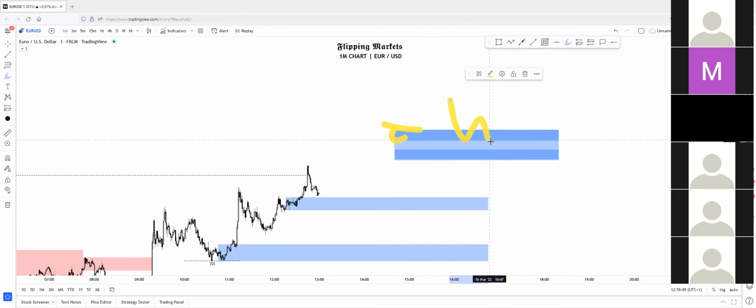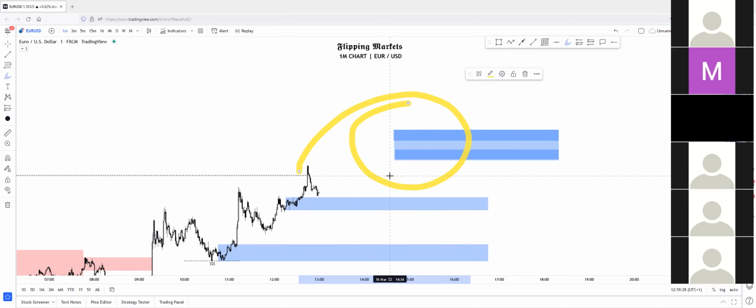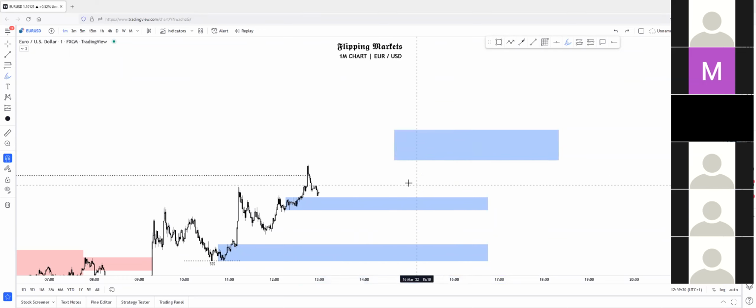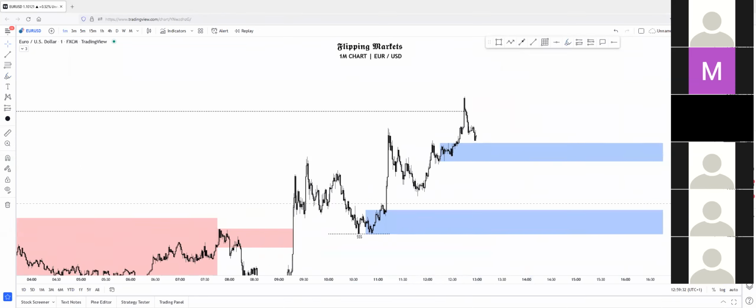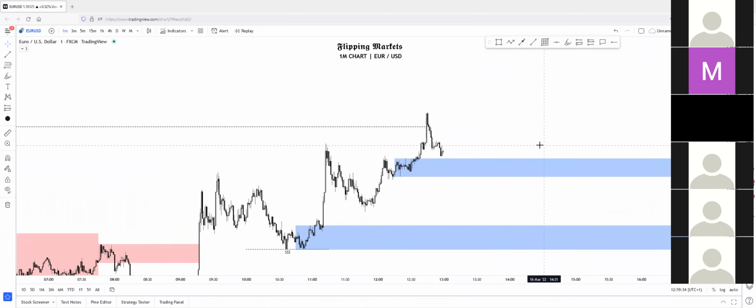Price mitigates the upper area, but it couldn't mitigate 50%. It just mitigated maybe 20% of the zone, so it wasn't enough for price. It goes deeper to the lower area, and after that it creates a change of character. It depends how many zones you have in a higher time frame zone. But for a 1-minute zone, if price mitigates it, a 50% mitigation is perfectly enough.